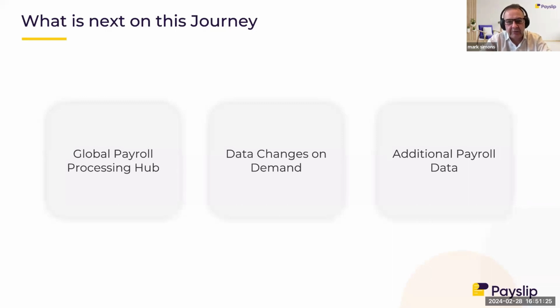The third one is additional payroll data, APD. I always like to think of these as forms. For example, the classic use case here is if you have employees in the Netherlands who have got company cars, for tax reasons you'll need to know the car registration number, engine size, whether it's electric or diesel or whatever. It's just a form that can be filled out, and that's what additional payroll data is.